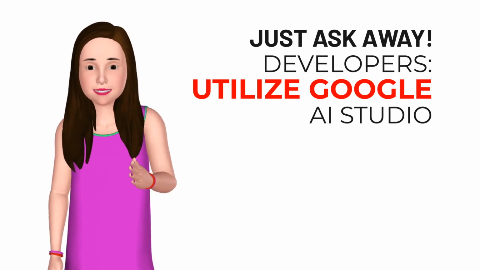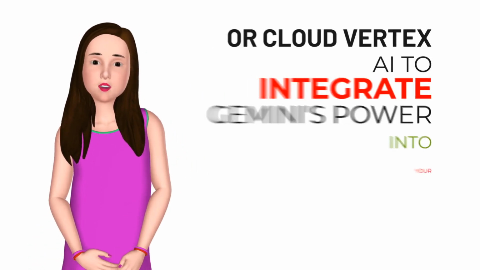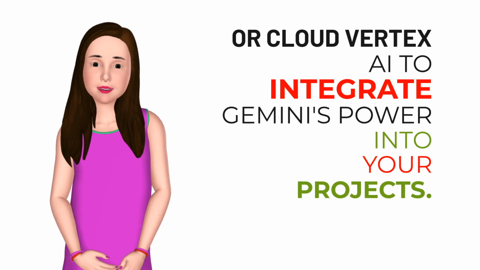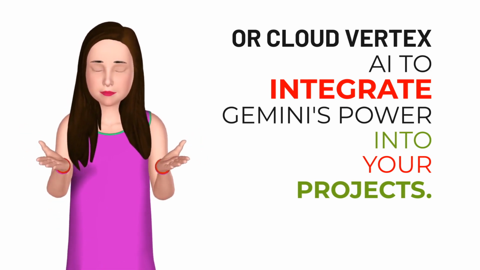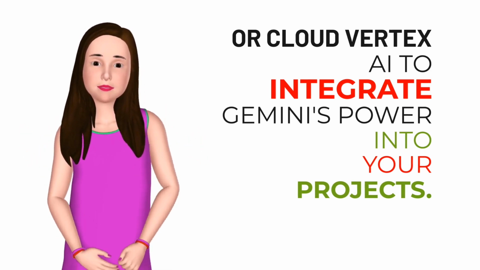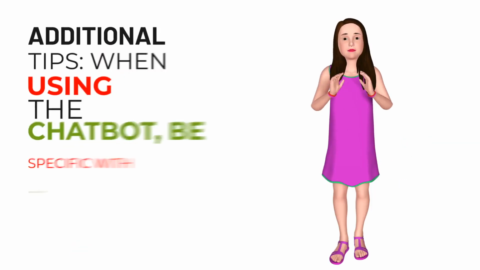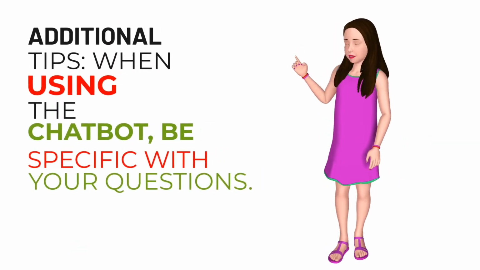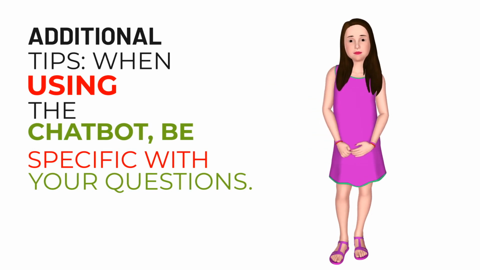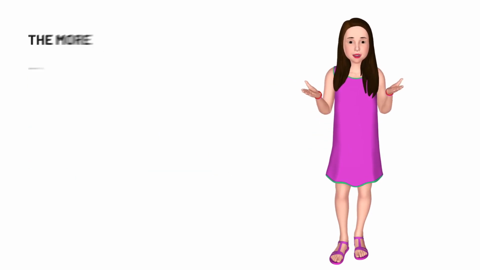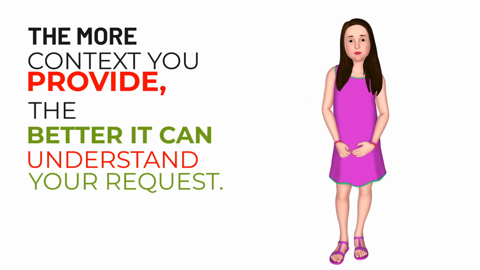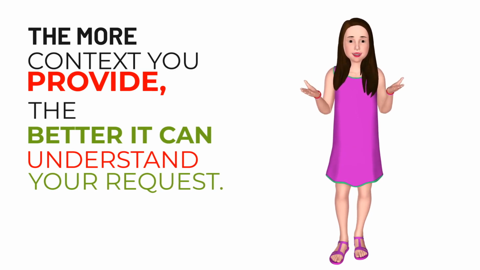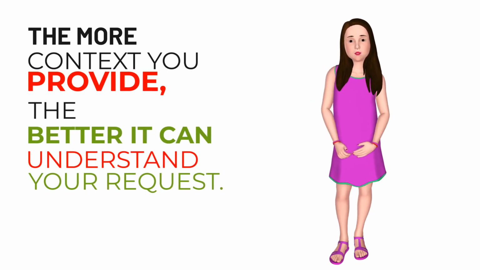Utilize Google AI Studio or Cloud Vertex AI to integrate Gemini's power into your projects. Additional tips. When using the chatbot, be specific with your questions. The more context you provide, the better it can understand your request.